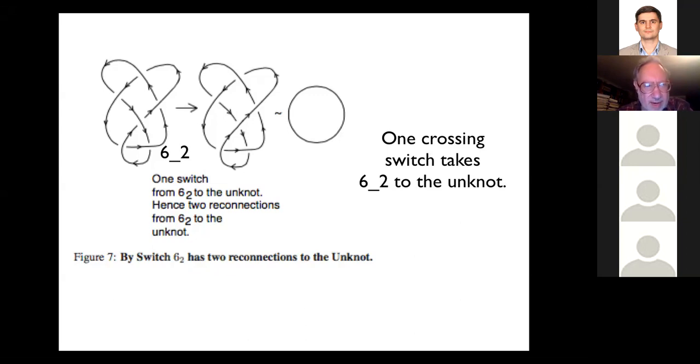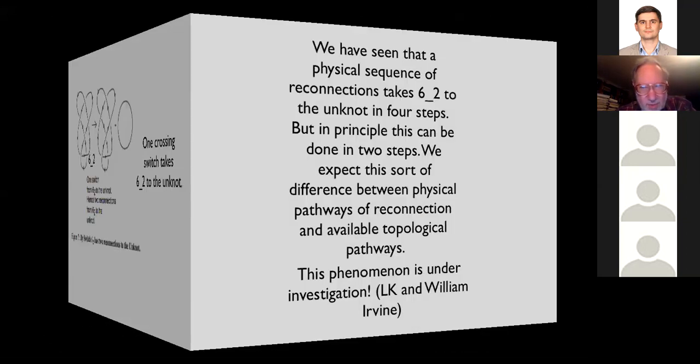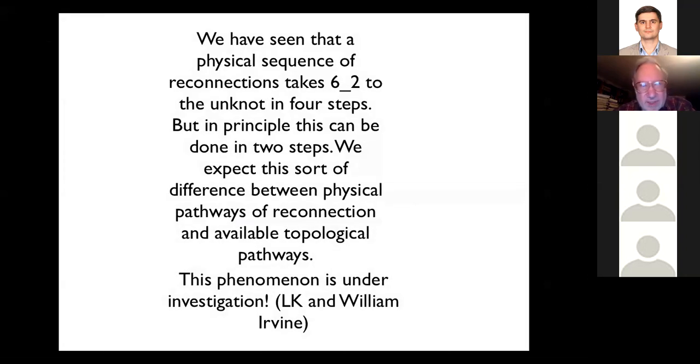So now we're edging from the physical question into a mathematical question. We've seen that a physical sequence of reconnections takes 6-2 to the unknot in 4 steps, but in principle this can be done in 2 steps. We expect this sort of difference between physical pathways of reconnection and available topological pathways, and we're investigating that.